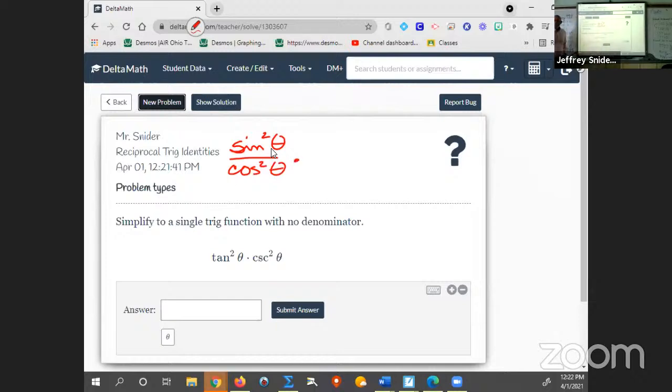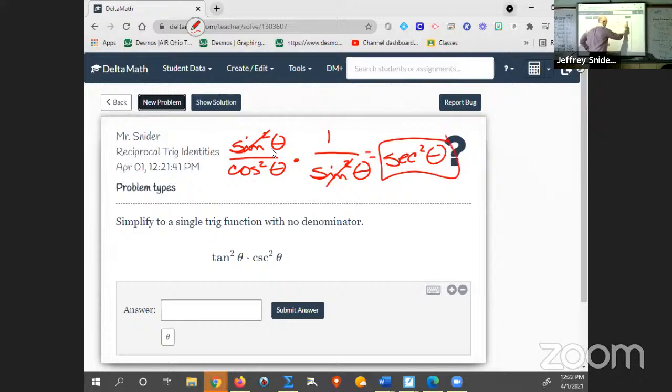Times 1 over sine squared theta. Love it. Those cancel. It's 1 over cosine squared theta, which is cosecant squared theta. Not cosecant. Oh, secant. Secant squared. So this is the answer. Secant squared theta. Boom. Anybody got a different way of doing that problem?